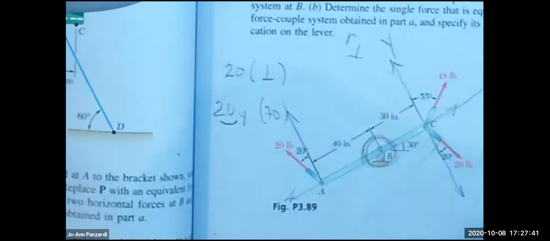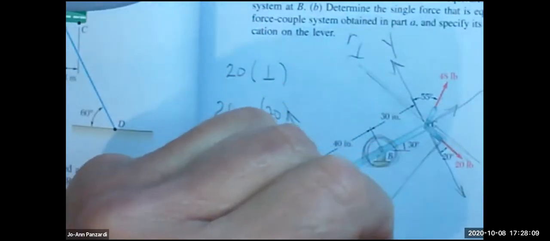Joanne, I have a question. I don't quite follow that. I think that the distance between A and C is still 70. So if you had them off at angles like that, it would still be 70, right? No, you can't, David, because the rule with couples is you multiply the couple force by the perpendicular distance.